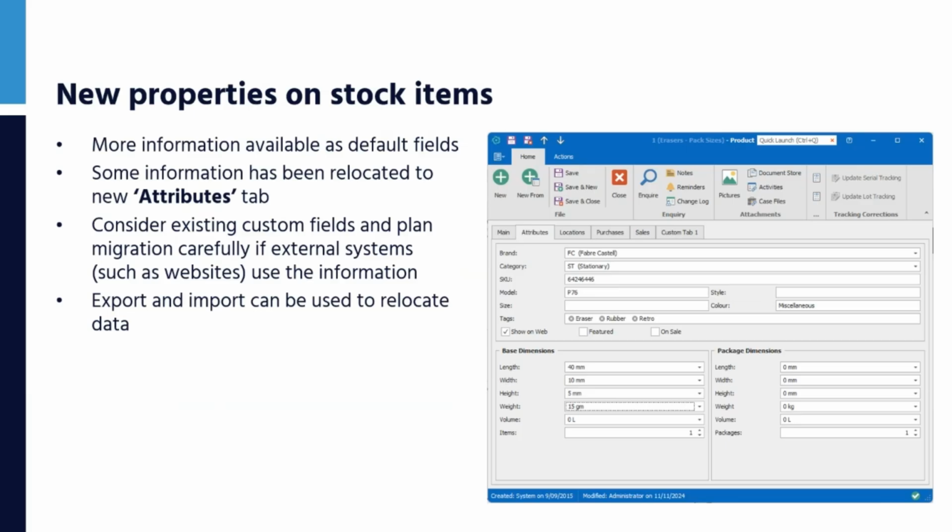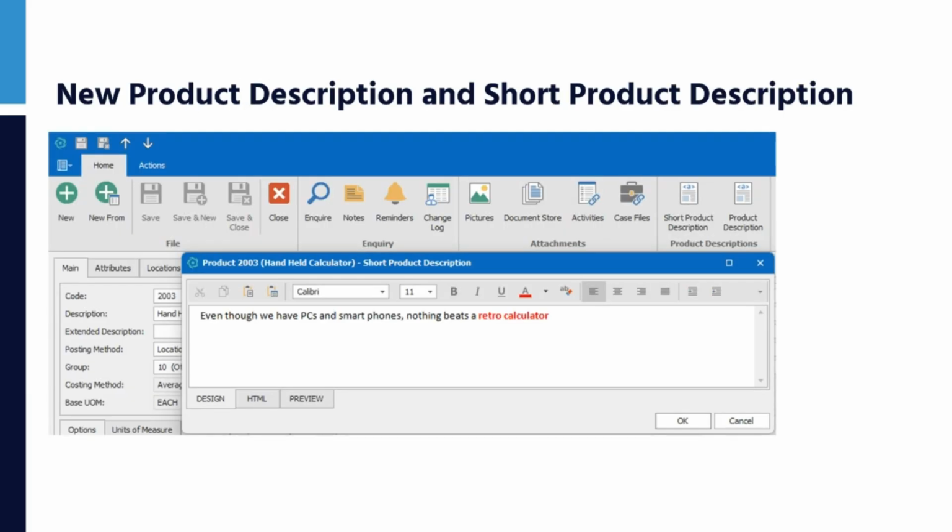Some of them may be relevant, some may not, but they are essentially just attributes that can be used on your e-commerce sites. And there's an addition to that as well in terms of some additional product descriptions available to you.